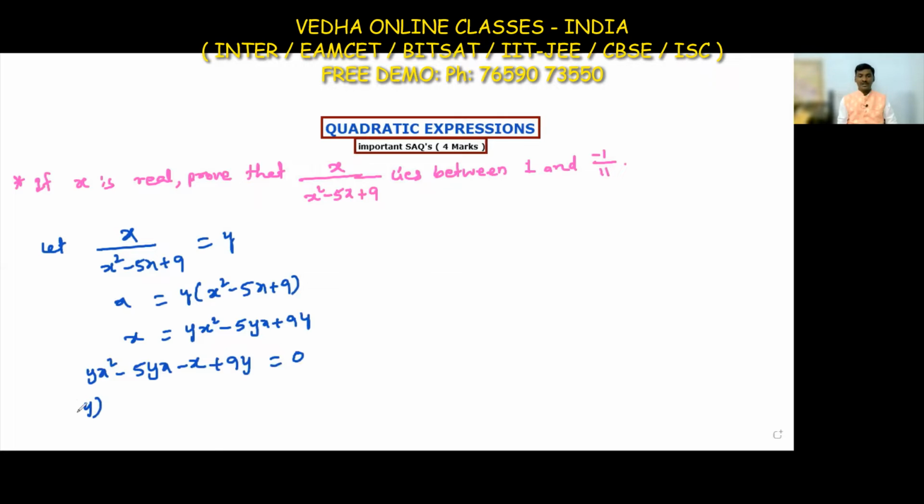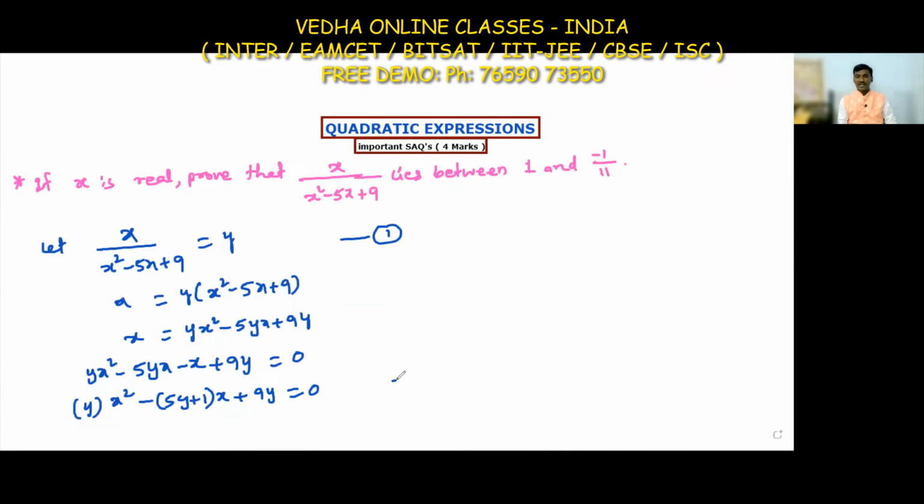Take x common, so y into x square, and x common here. Okay, minus x common means 5y plus 1 into x, and plus 9y is equals to 0. This is also a very important step here.